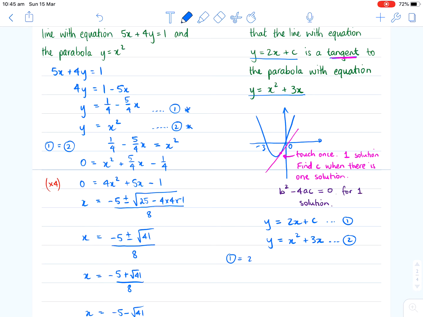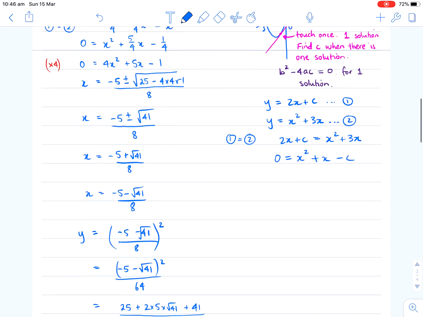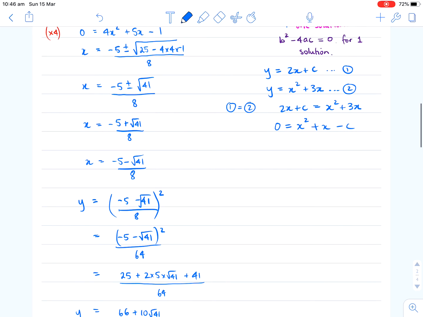And when equation 1 is equal to equation 2, we get 2x plus c equals x squared plus 3x. Now I'm going to move everything to the same side of the equal sign, and I got 0 equals x squared plus x minus c. And here's my quadratic equation that I can use in the discriminant.